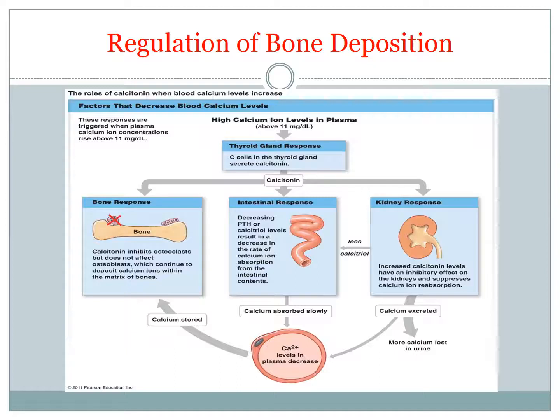Calcitonin decreases the rate of calcium absorption from foods in the digestive tract. And finally, the kidneys. Calcitonin inhibits the reabsorption of calcium from urine so that more calcium is excreted from the body. All 3 of these effects would lead to the calcium levels in the plasma declining.